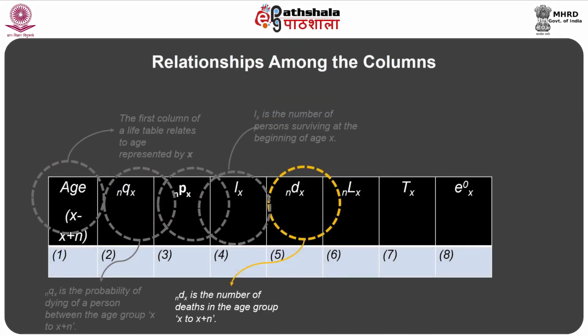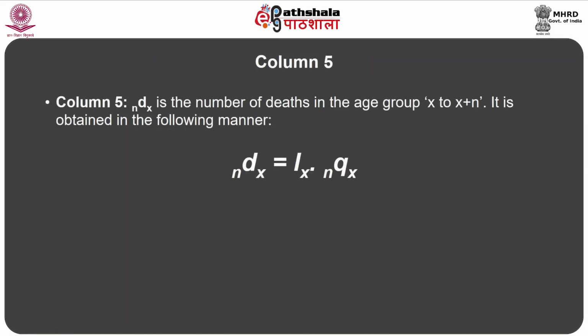Column number 5, ndx, is the number of deaths in the age group x to x plus n. It is obtained in the following manner: ndx is equal to lx multiplied by nqx.